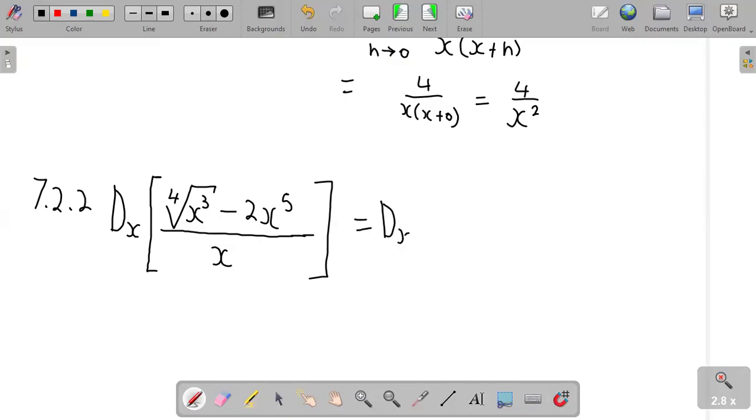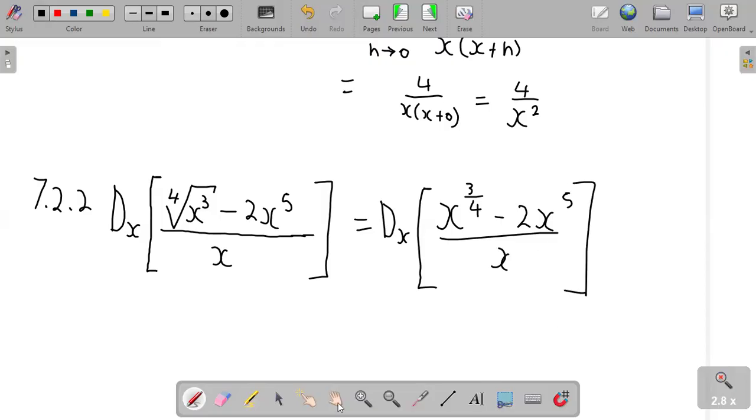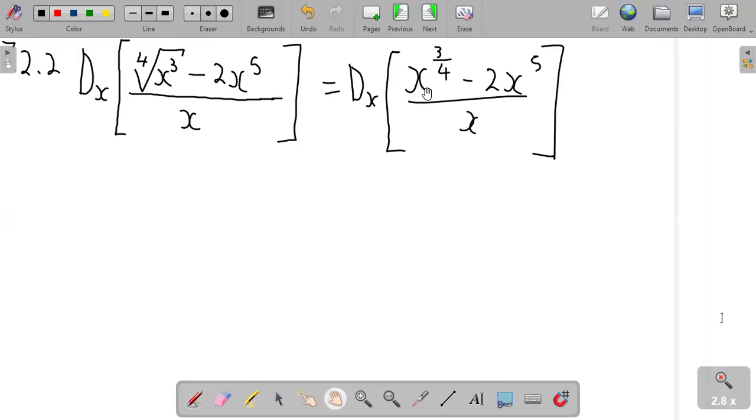Okay? So this thing will be equal to dx, and then x to the power 3 over 4 minus 2x to the power 5, and then over x. And then if we can simplify, we can minus 1 and minus 1. Okay. So then it's going to be equal to dx. We have an x here.